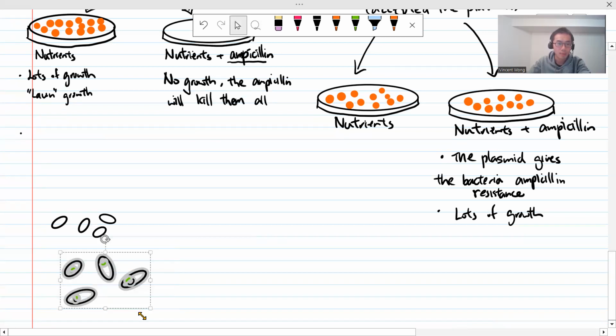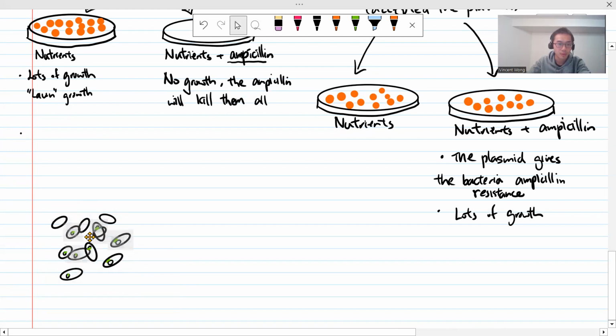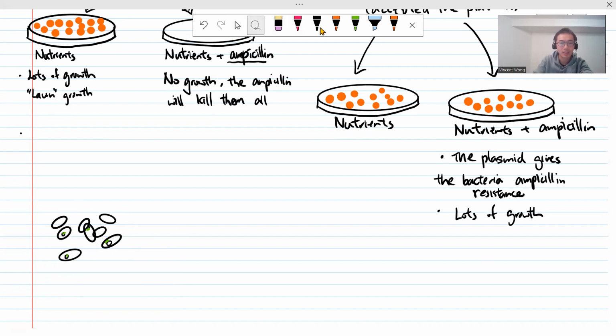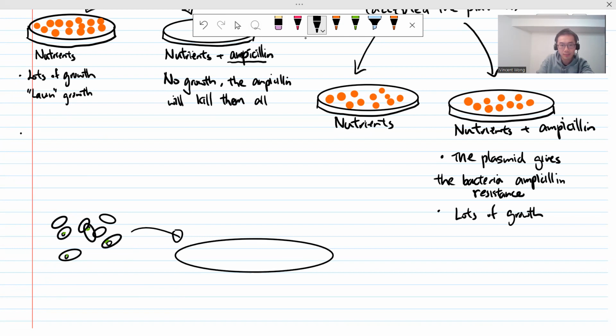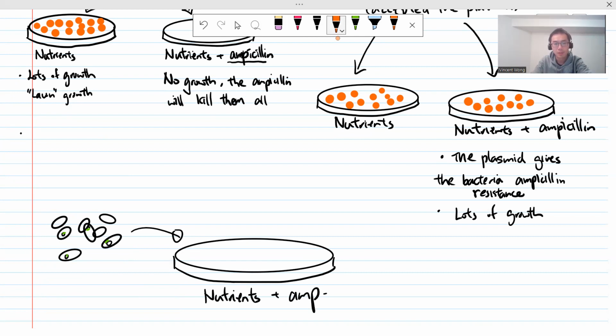So when they're all mixed together in the same tube, some have it, some don't have it. I can't tell. So you're gonna grow this in a plate with ampicillin. Right? You will have some growth. It's not gonna be a lot.